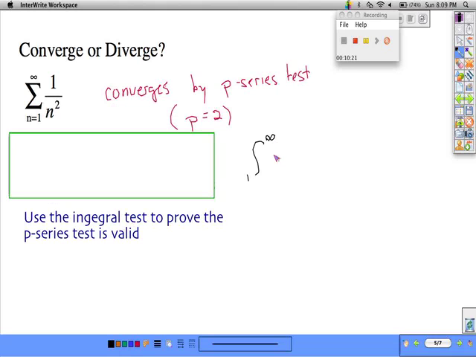So this is the same thing as we would be using x to the negative 2.